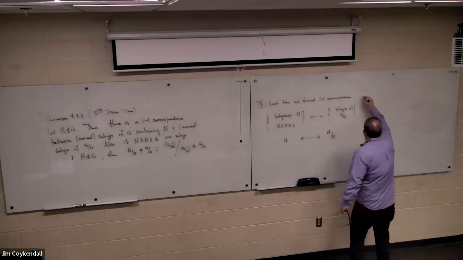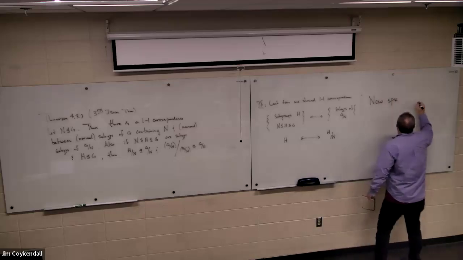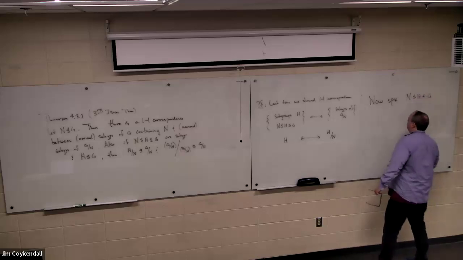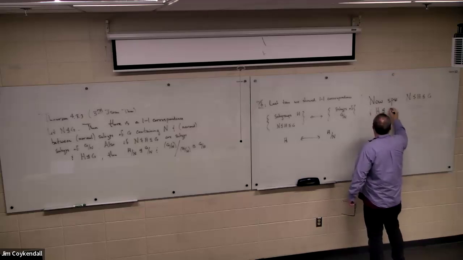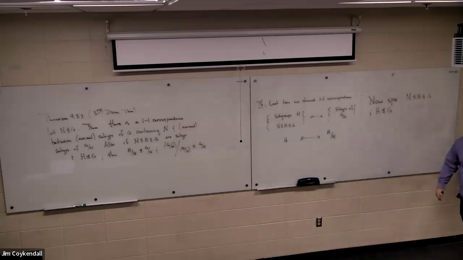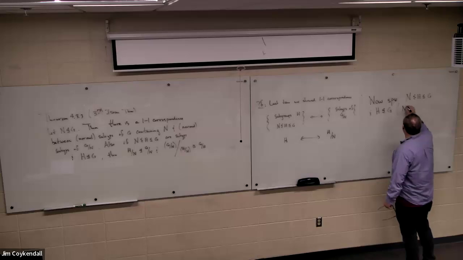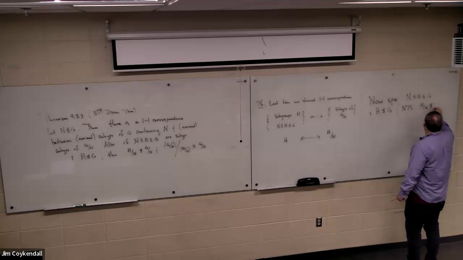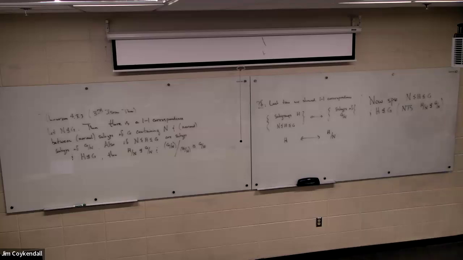Now suppose that this group in the middle, this H that falls between N and G, happens to be normal. Our goal is we need to show H mod N is normal in G mod N. Right?